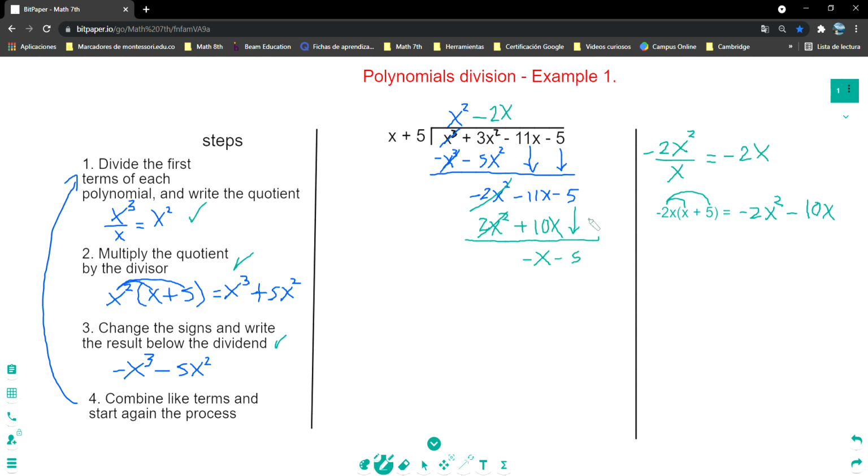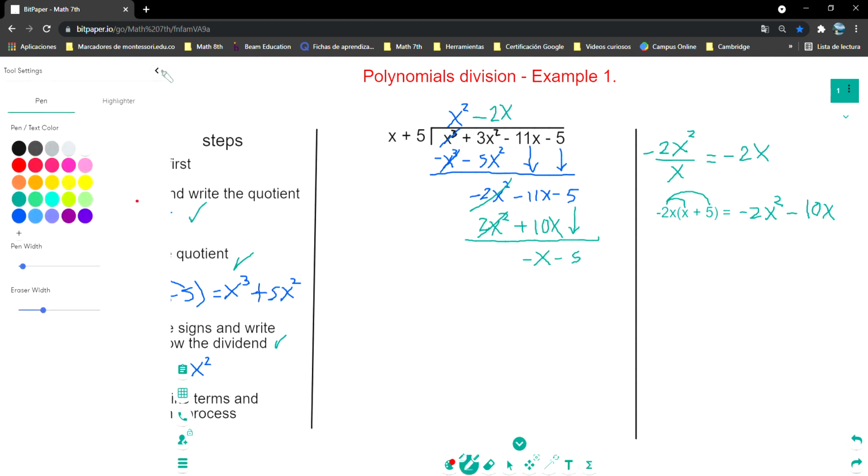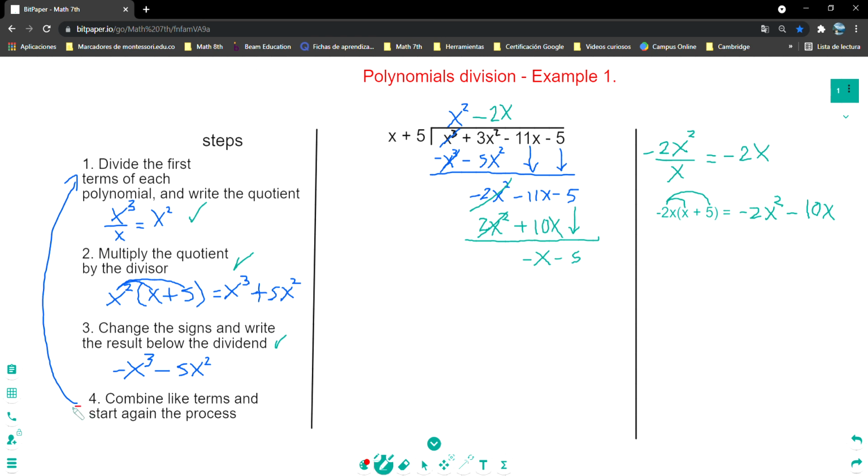Already here, we need to start again the process. In the third round, we go again to the first step. We need to divide the first term of each polynomial and write the quotient again. So we divide minus x over x, which is minus 1.